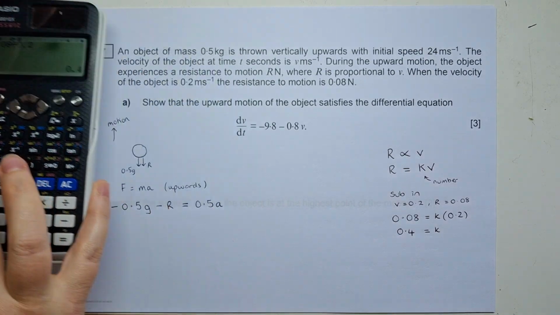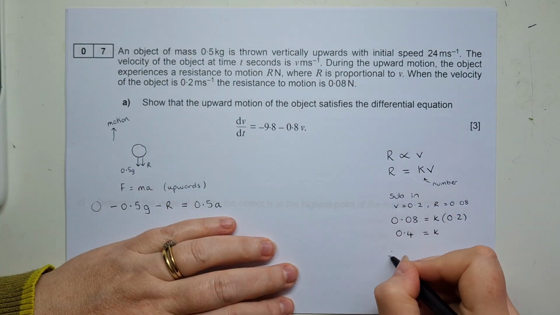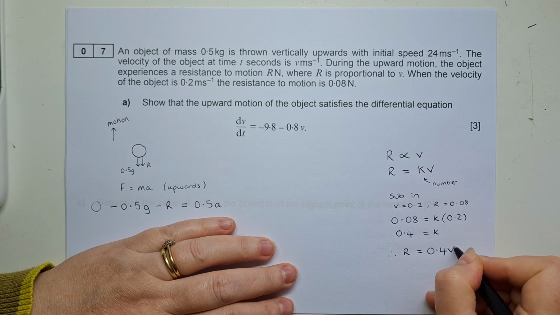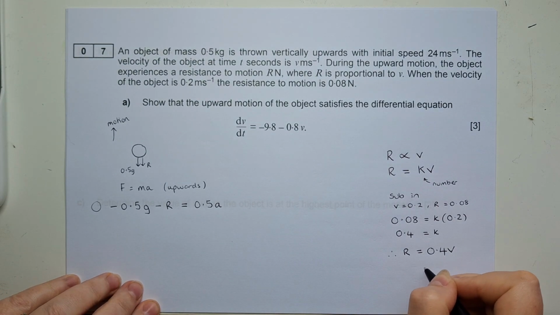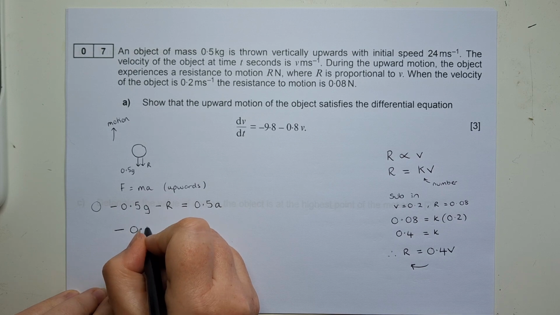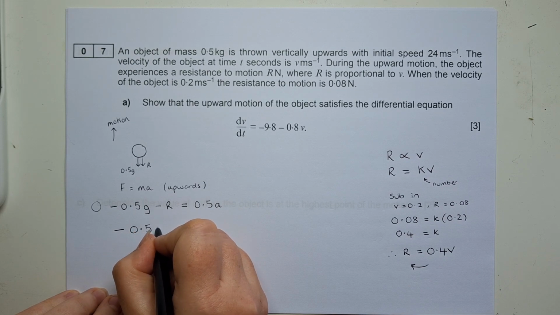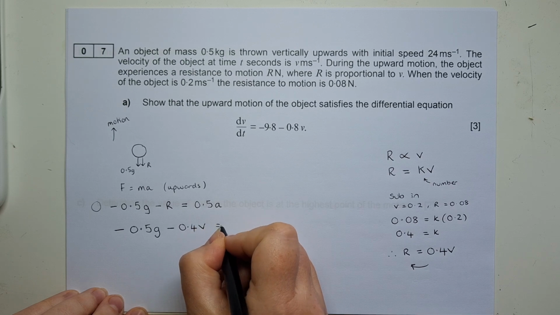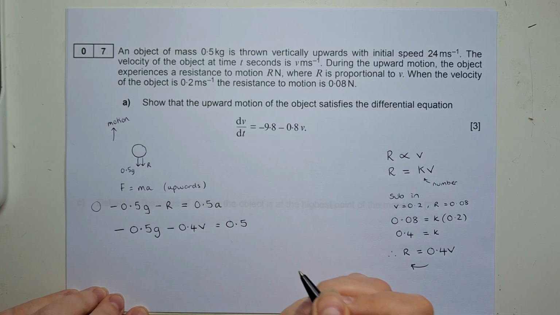So we know that this resistance force is 0.4 v. So we're going to put that over here and say, it's minus 0.5 g minus 0.4 v is equal to 0.5 a.